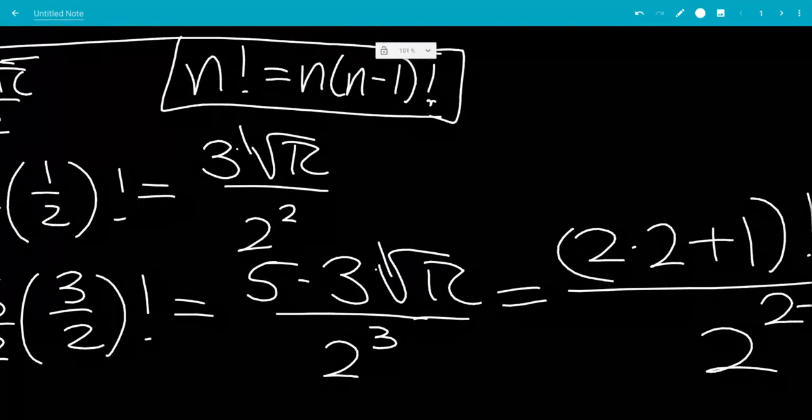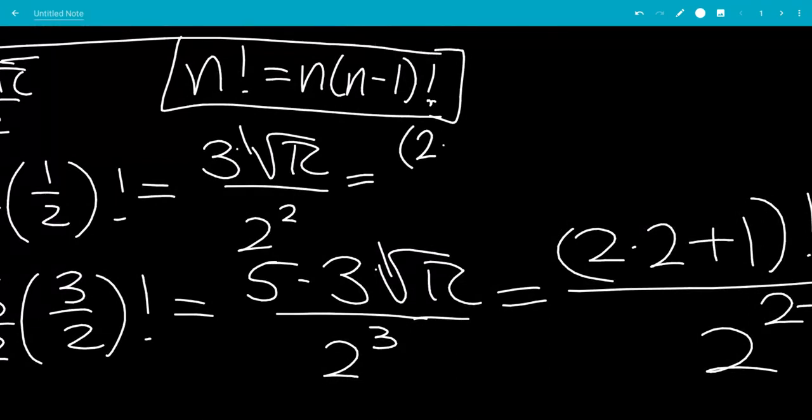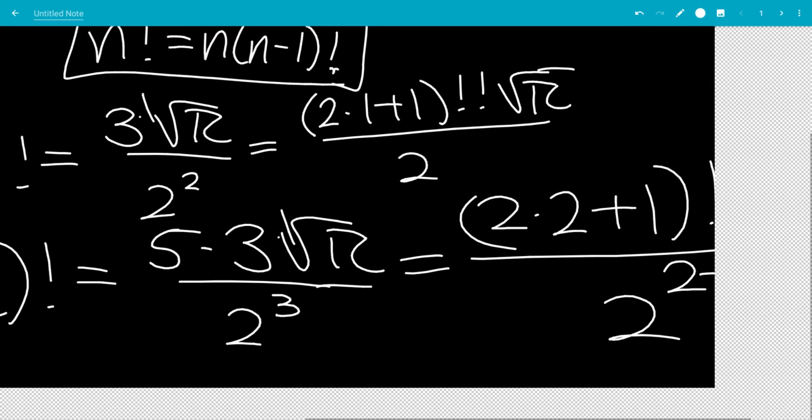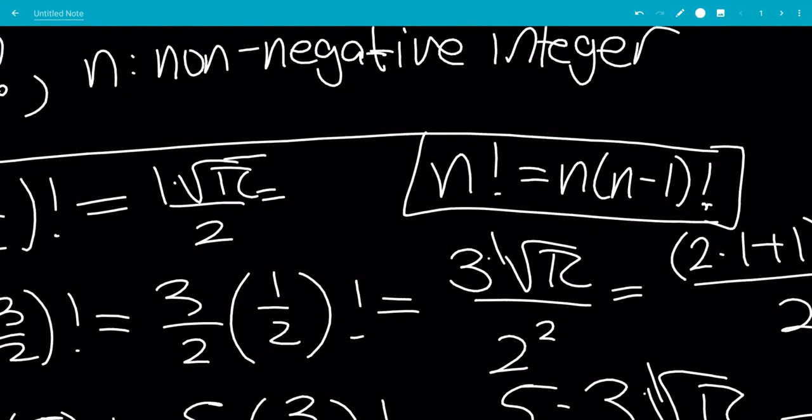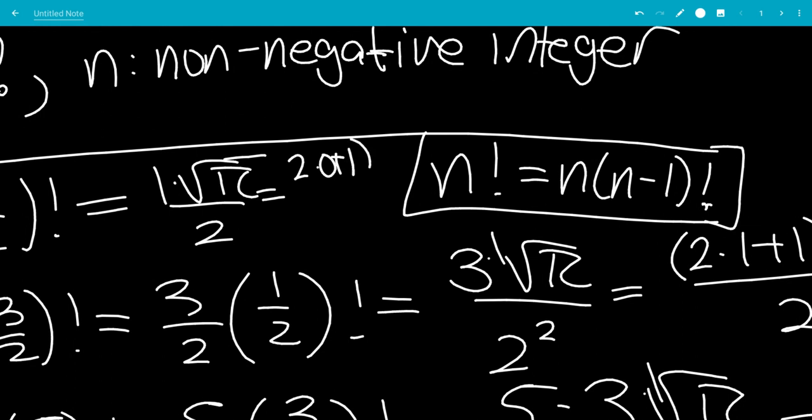Okay, so we can do the same thing here. This will be 2 times 1 plus 1 double factorial times the square root of pi all over 2 to the 1 plus 1. And then this one we can write as 2 times 0 plus 1 double factorial square root of pi all over 2 to the 0 plus 1.